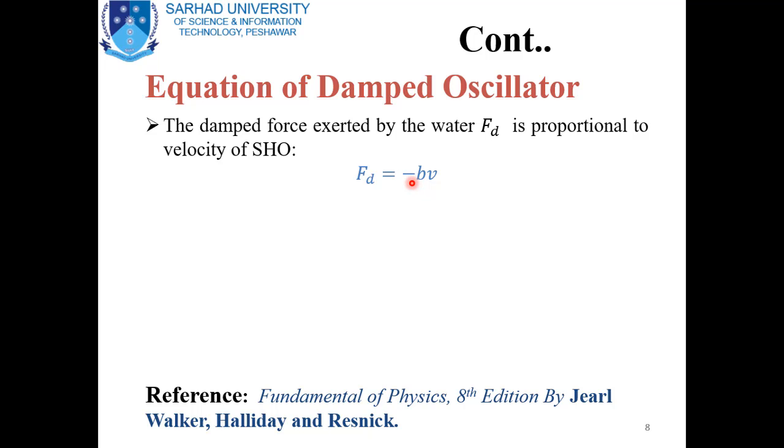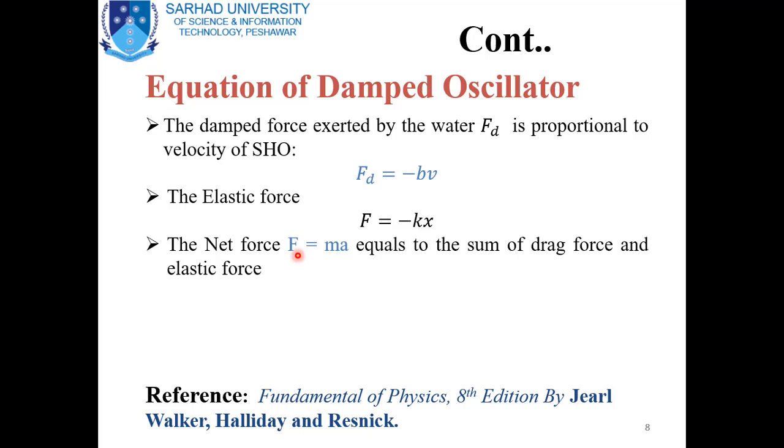The minus sign indicates that Fd opposes the motion of the oscillator. Along with this force we have the elastic force, given by F equal to minus Kx, also called the restoring force.